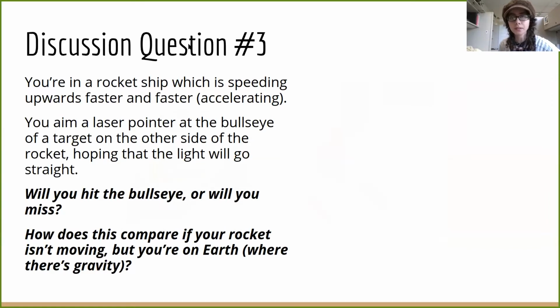Okay, so hopefully what you found is that the laser does something crazy in each case. Let me try to draw this again. Here's your rocket that's accelerating.